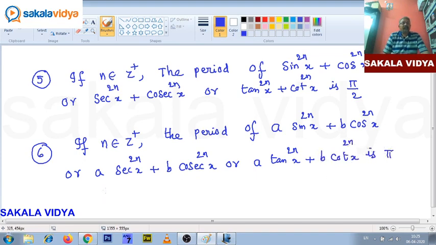Here this condition needs to be remembered, where a does not equal b. This is very important.